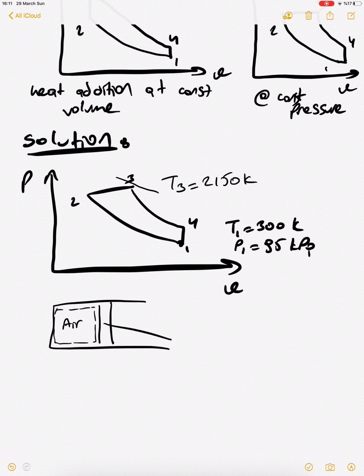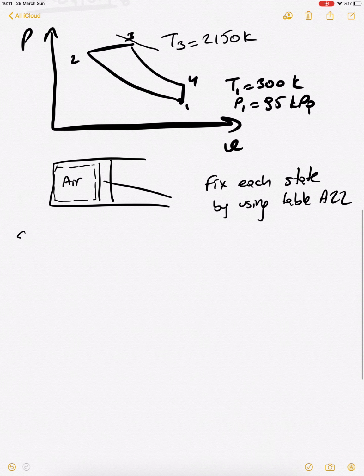Now again we are going to start by fixing each state, using table A22. For state 1 we have T1 equal to 300 Kelvin, P1 equal to 95 kilopascal.